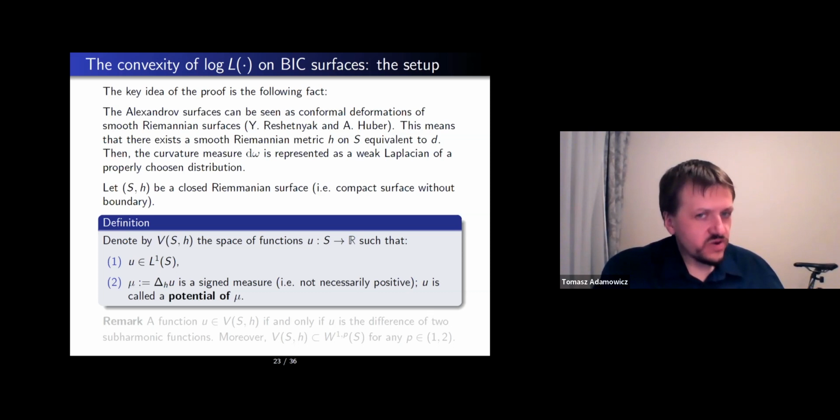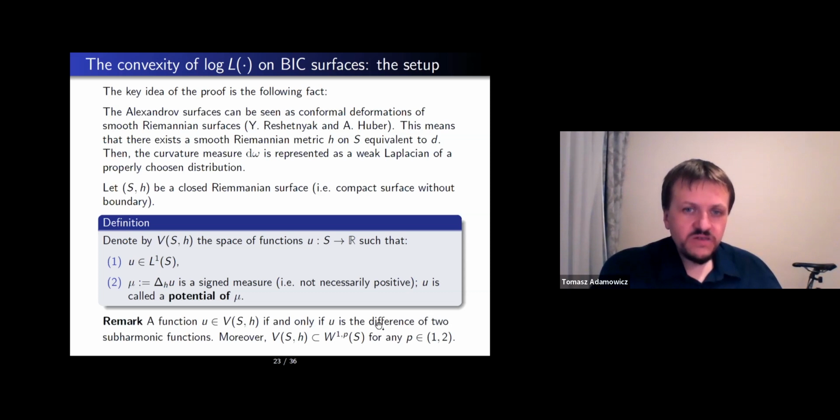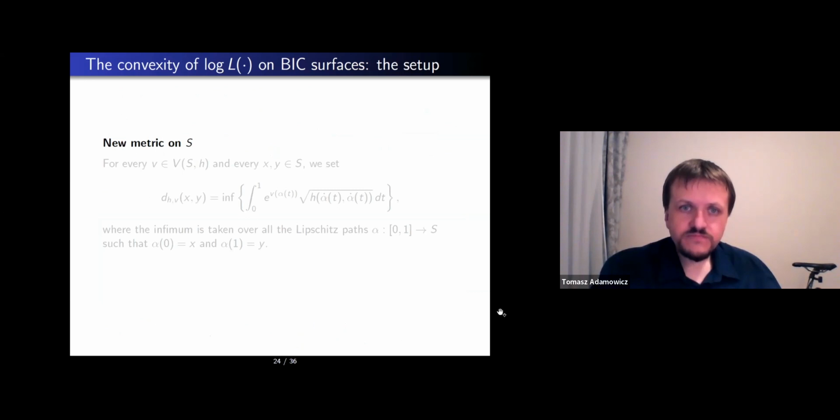If you are interested in a more concrete description of this class, it turns out that the function u belongs to class V if and only if it's a difference of two subharmonic functions. And moreover, this class is contained in a Sobolev class of functions W^{1,p} for any p between 1 and 2.